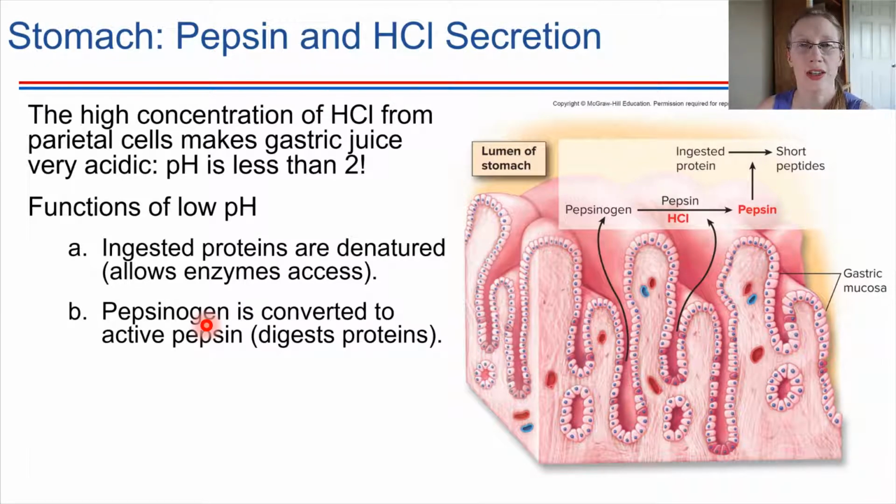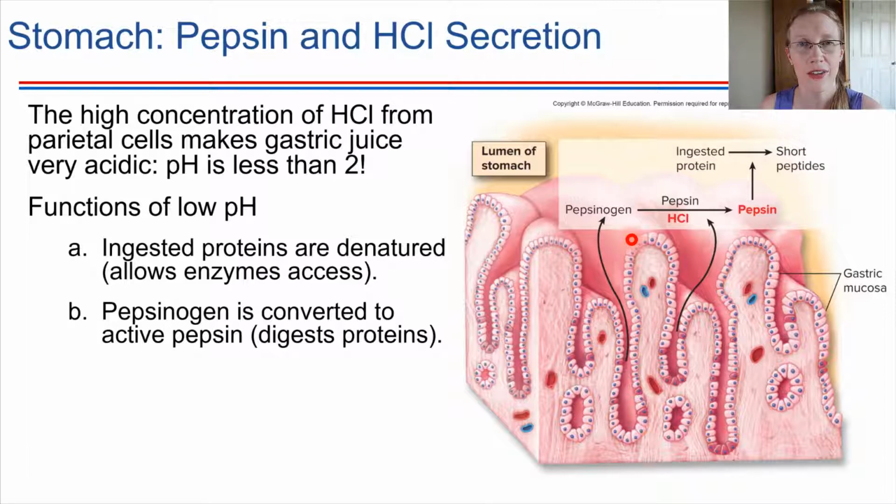So this brings us back to the chief cells. We said chief cells are producing pepsinogen. Pepsinogen is the precursor for this enzyme. So what happens is pepsinogen molecules actually act on each other. They partially digest each other, and as a result, they end up cleaving off small inhibitory fragments.